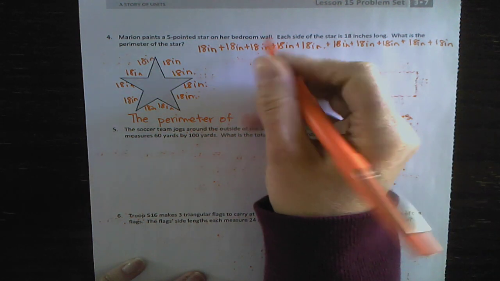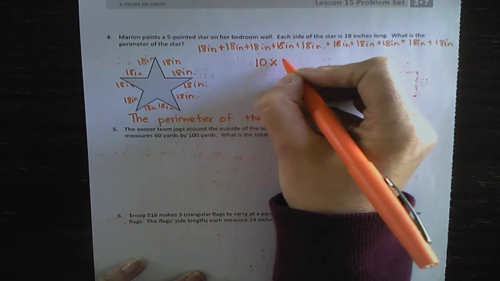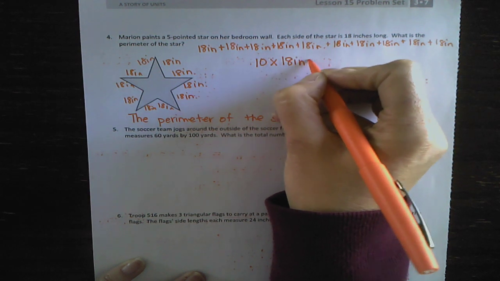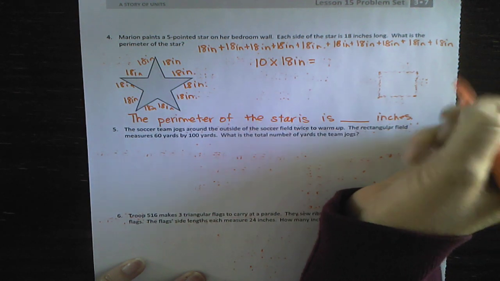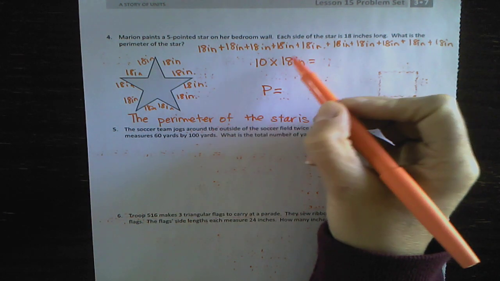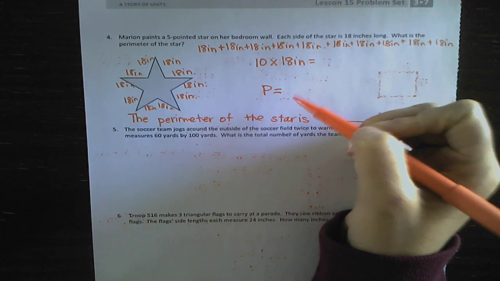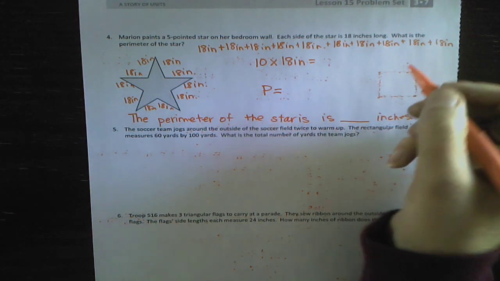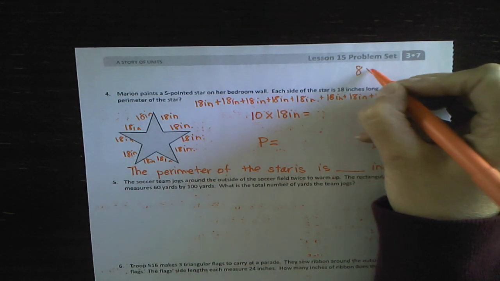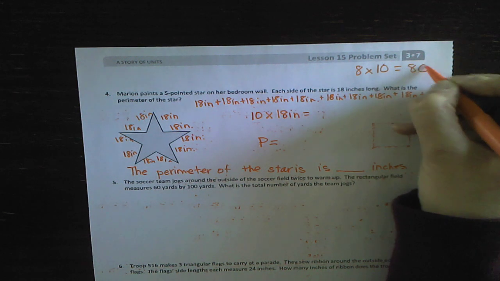We could also write, since it has 10 sides, we can multiply the number of sides by the length to find the perimeter. And what do you know about multiplying anything by 10? For example, if we were to multiply 8 by 10, you add a 0 to the end of 8.